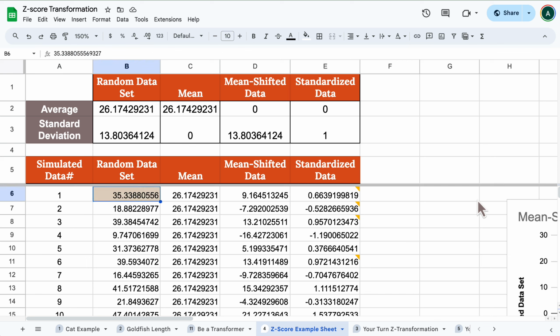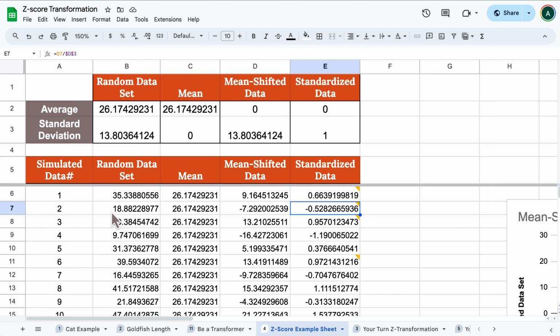So in our original data set, we had a value of 35.33. Well, what this new z-score tells us is that 35.33 rests 0.66 standard deviations above the mean of your data series.